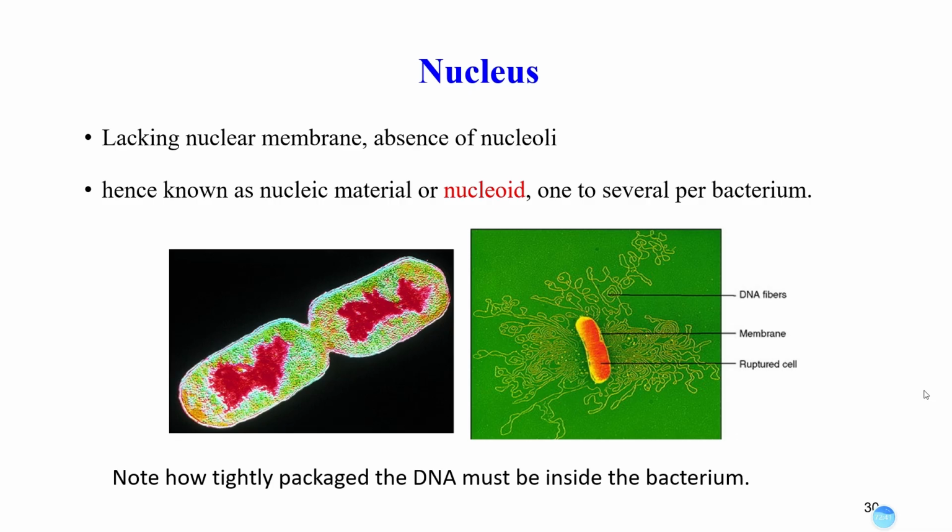Here, the DNA is stained in red color. See? The region of this DNA dense structure we call nucleoid. And they don't have a membrane surrounding them. So that's a common property of prokaryotic cells.